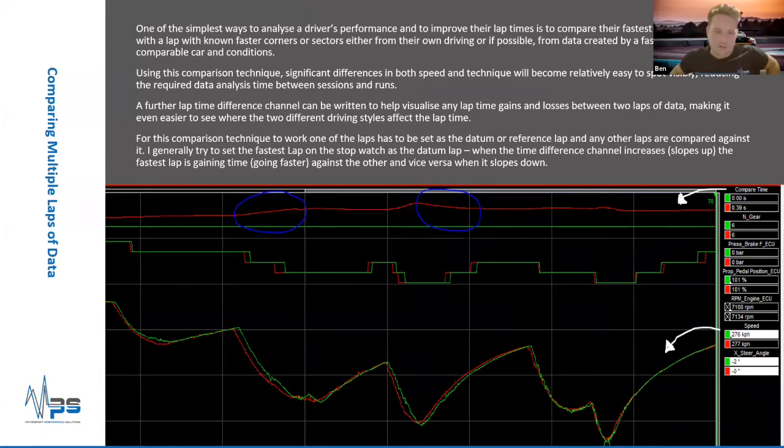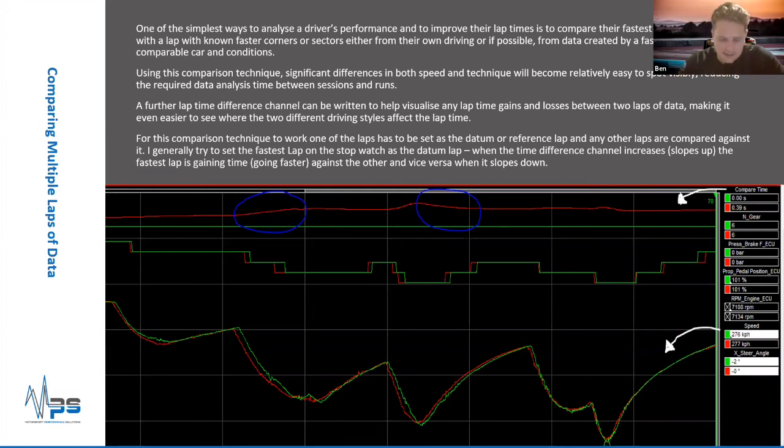All those techniques are looking at a lap of data in isolation. What I do in GT racing, where we're fortunate to have multiple team members and multiple drivers of the same car, is we can quite quickly speed up the driver performance and data analysis by comparing two different laps.